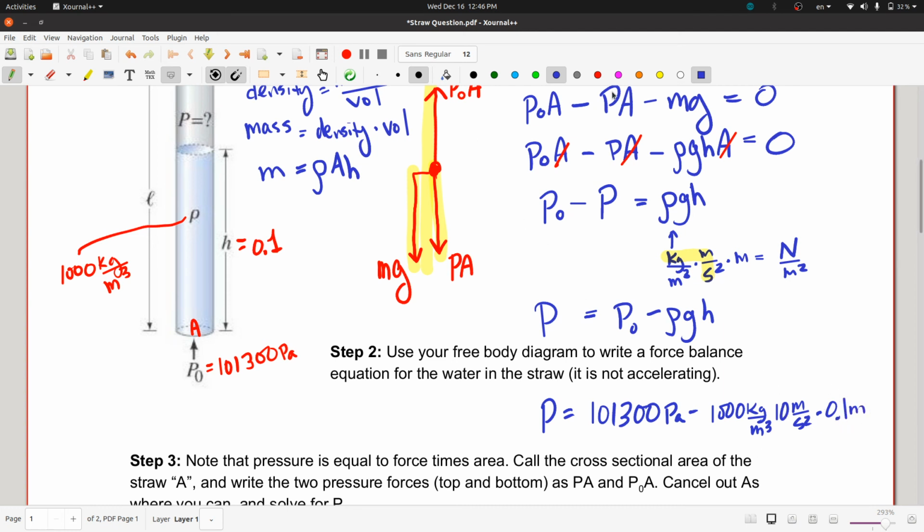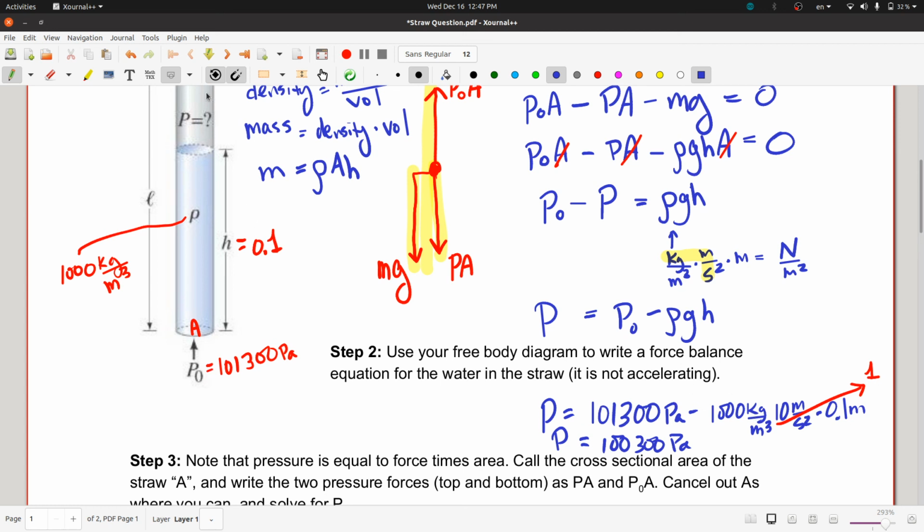So a tenth times 10 times a tenth gives me a 1. So we're subtracting 1,000 pascals here. That tells me that the pressure in this straw is going to be 100,300 pascals.